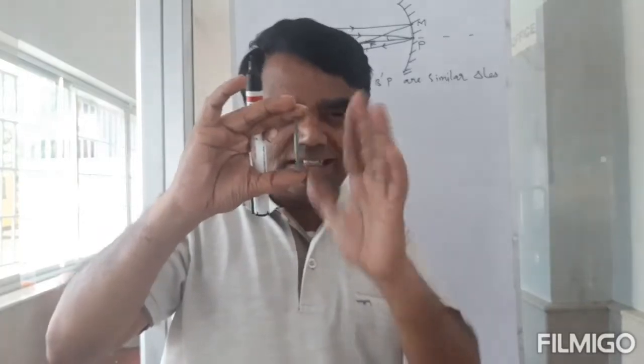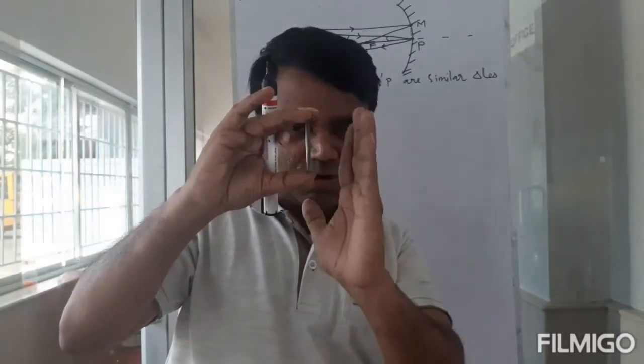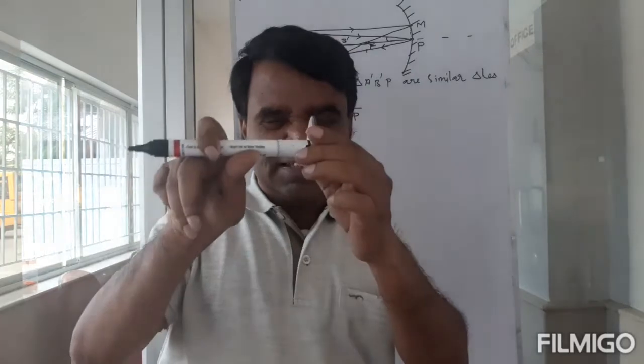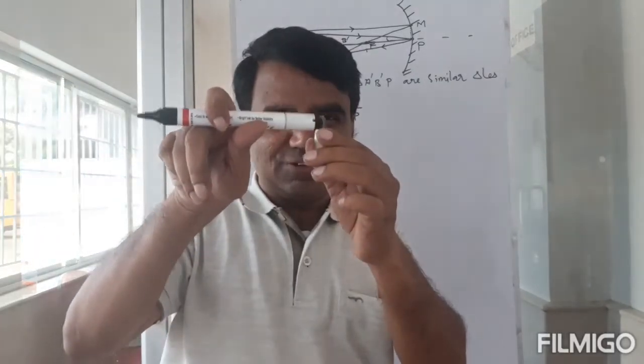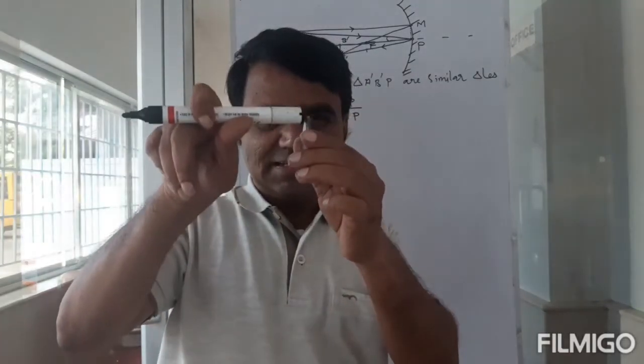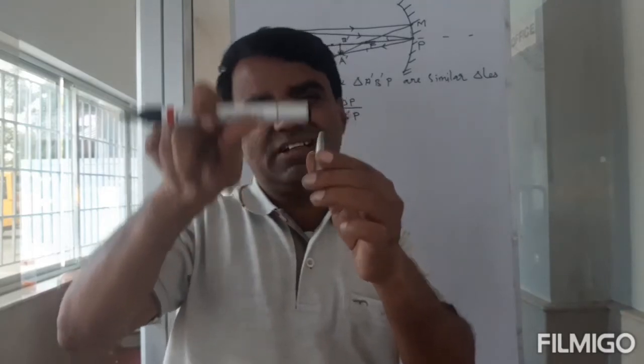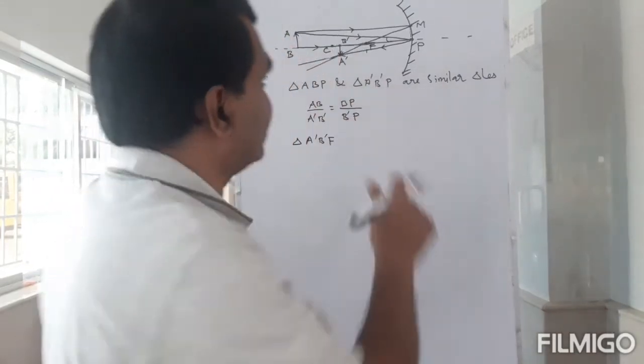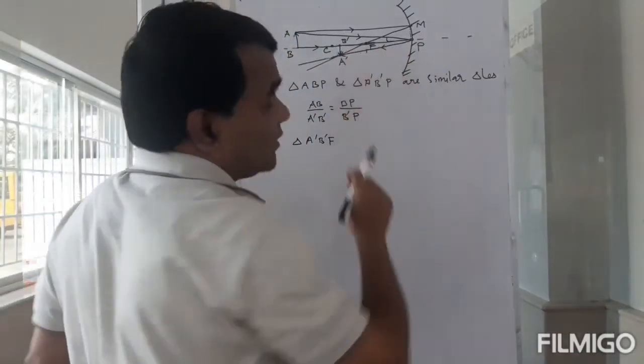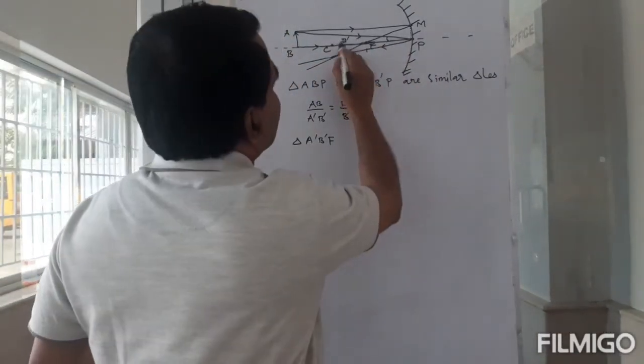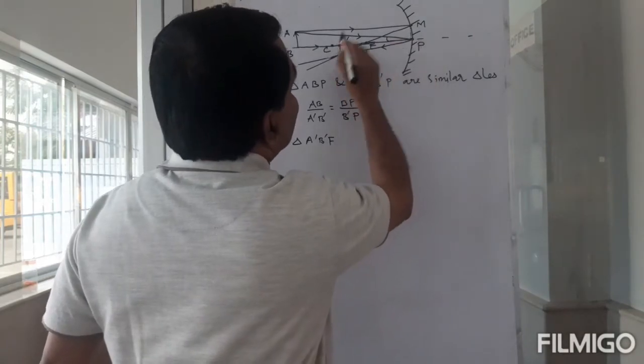If the curvature is so small, then this distance will be the same as this distance. So I can treat this M and P as a straight line. There's not much of a difference between this distance and this distance.